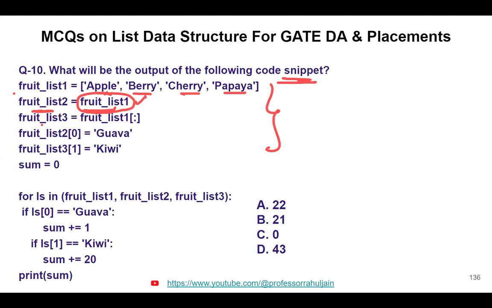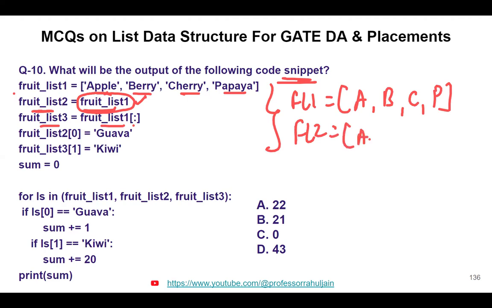Fruit list 3 equal to fruit list 1[:] means only the values have been copied here. So currently, fruit list 1 has apple, berry, cherry, papaya, and fruit list 2 has apple, berry, cherry, papaya.